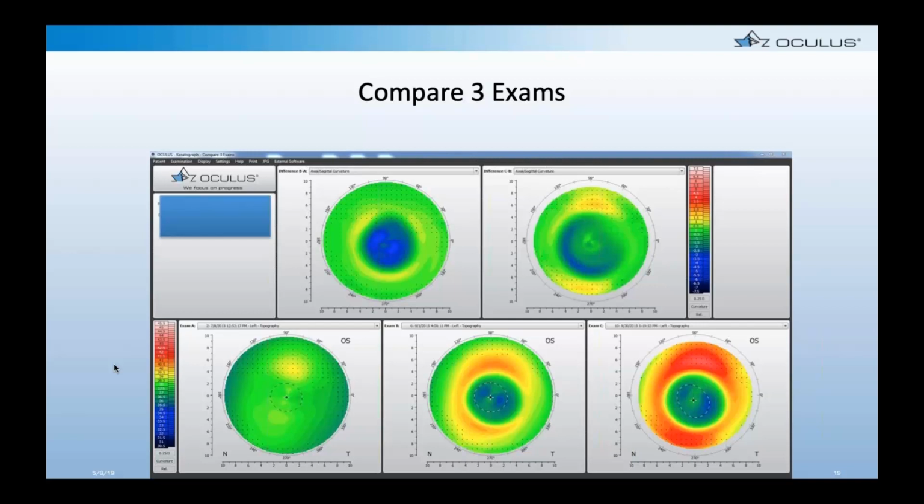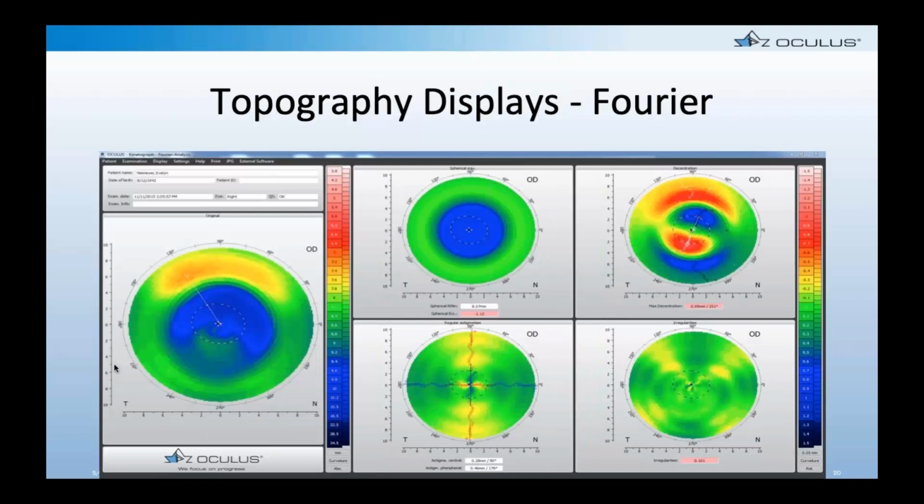Just one last map that I think is helpful, and that is this Fourier map. The reason that I like using this map on Ortho-K patients is it's a good troubleshooting map. What we see when we look at the picture on the left is the patient's corneal topography, and they've been undergoing treatment, let's say, for a month.